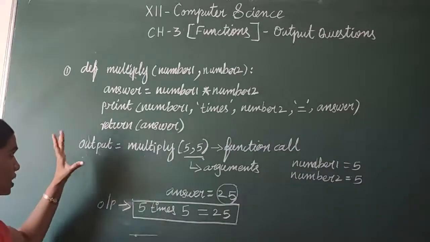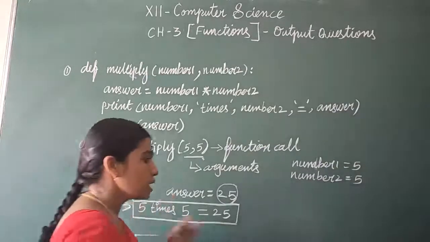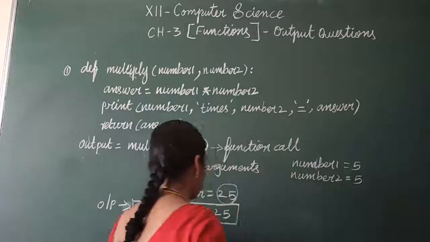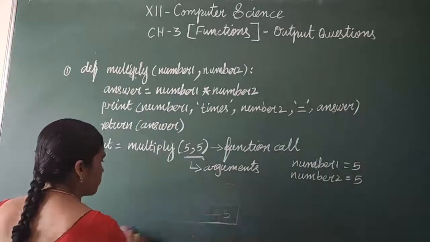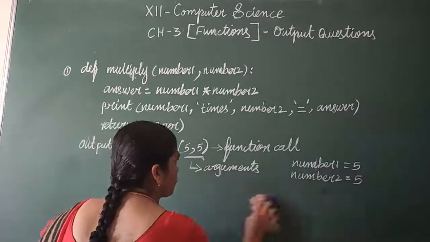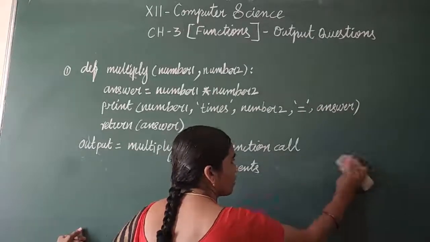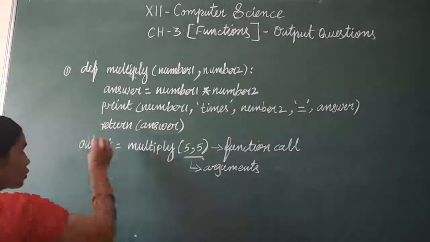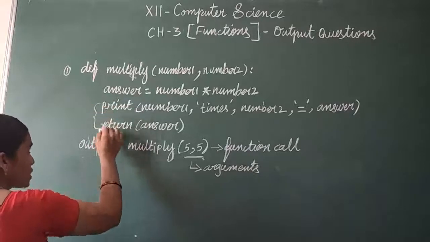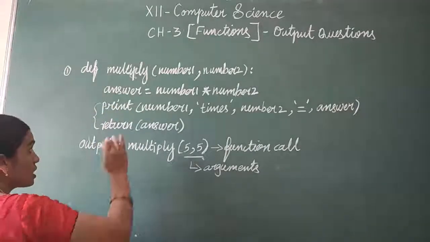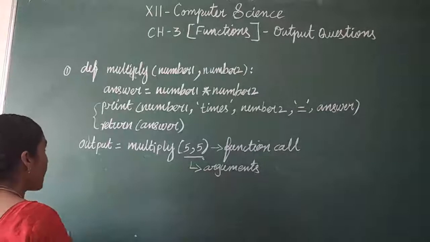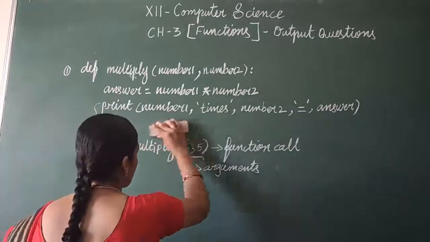Then one more question. Only a little bit of change I am going to make. Here I am going to change these two lines. So what will happen? Let us see.